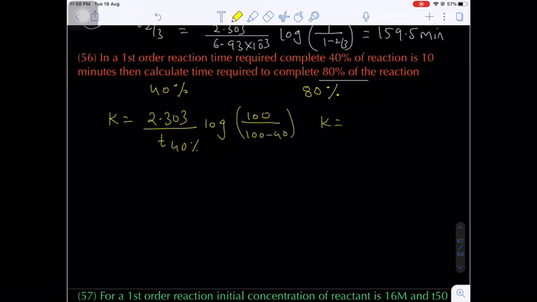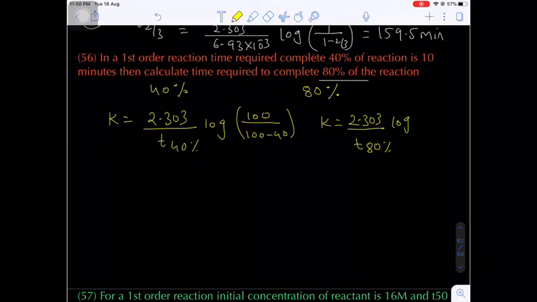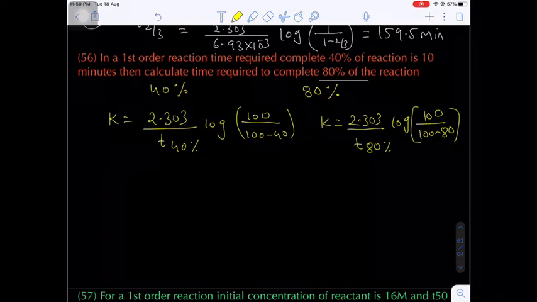On the right hand side, K will be equal to 2.303 by T 80% into log of 100 by 100 minus 80. Yes or no?